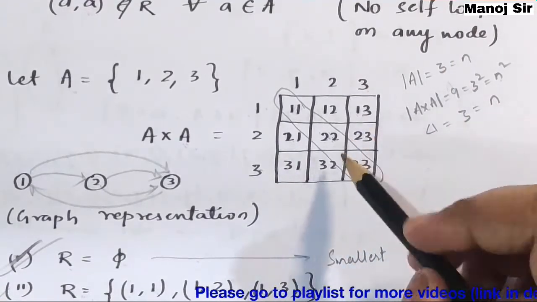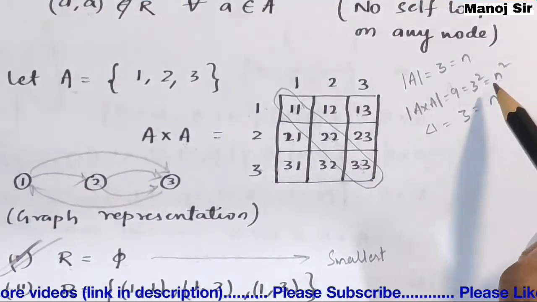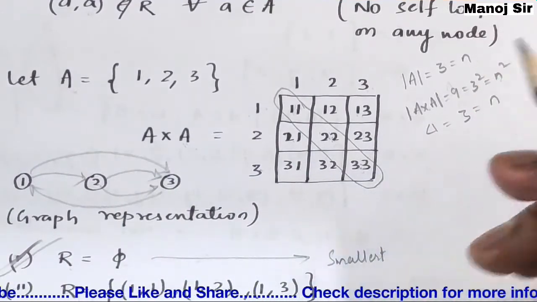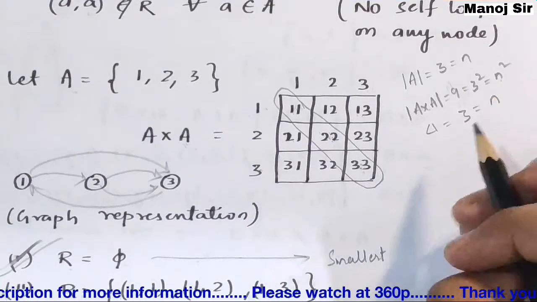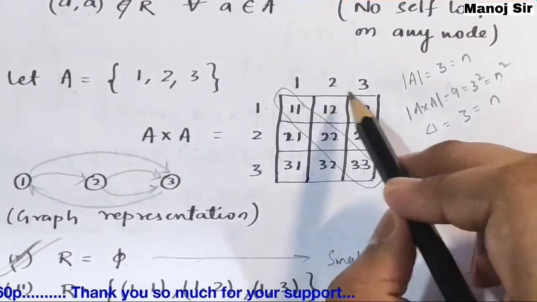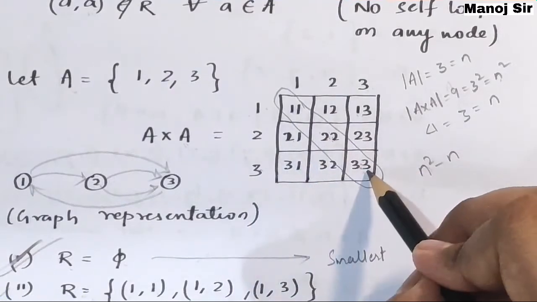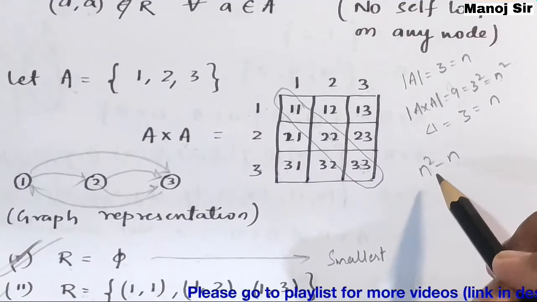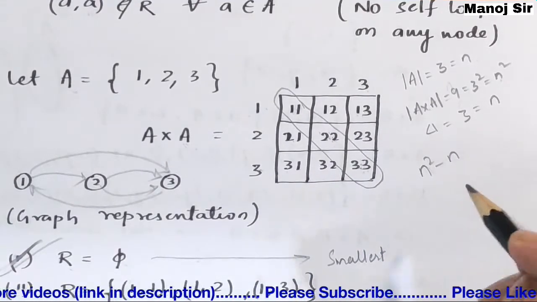If you have A cross A with n squared elements, the number of choices we are left with is n squared minus n. Here n squared means all 9 elements, minus n, the number of diagonal elements. So this is my choice of pairs for irreflexive relations.